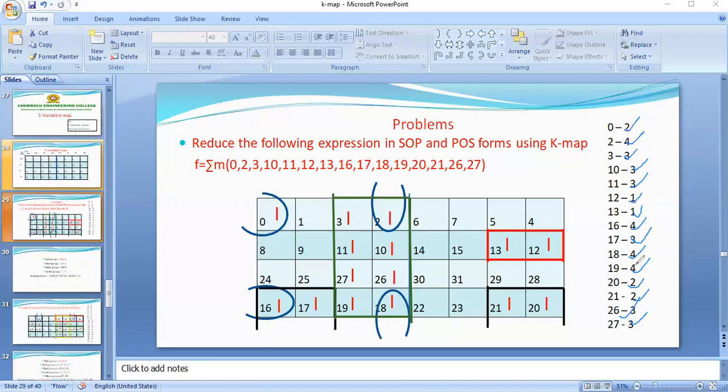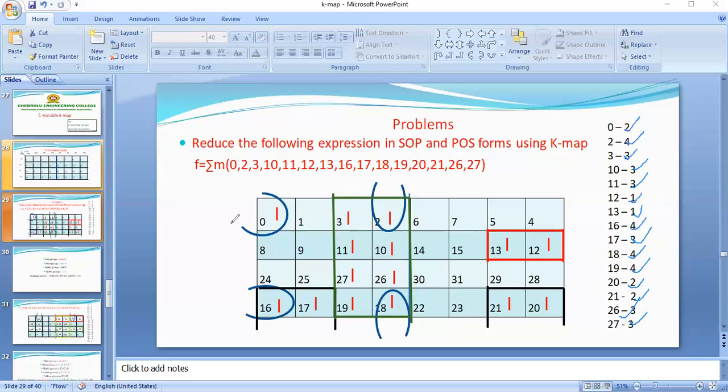After all the minterms are involved in grouping, only then do we get the simplified expression, either in SOP or in POS. Here the given terms are minterms and we placed these minterms in the K-map as 1, so we get the simplified sum of products expression.